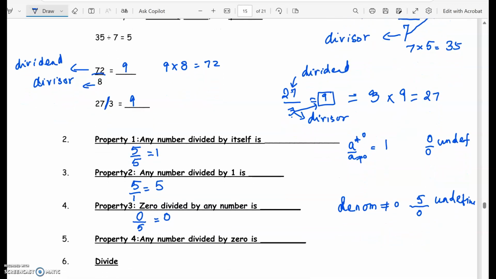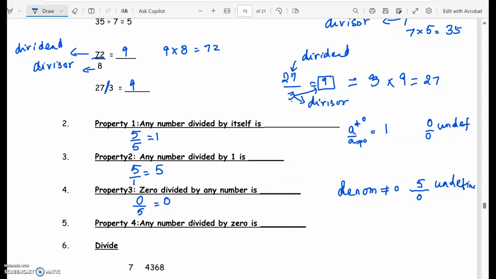So if you divide $0 among 5 people, each gets $0. So it does make sense. But dividing 5 among 0 people and asking what each one gets is undefined. 0 divided by any number is 0 as long as that number is not equal to 0, because 0 divided by 0 is undefined.